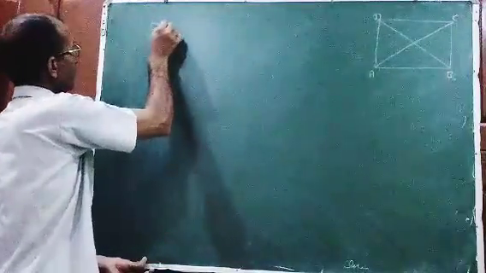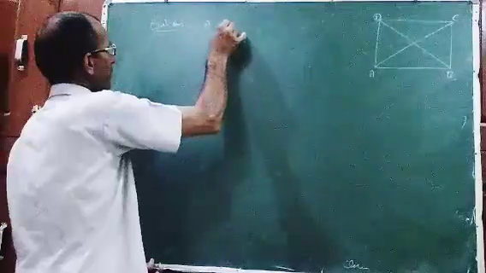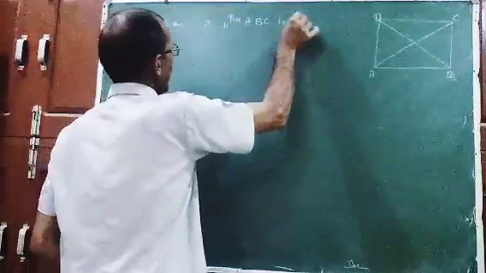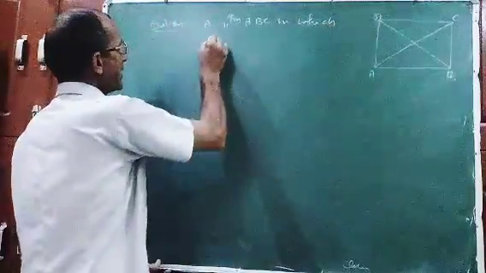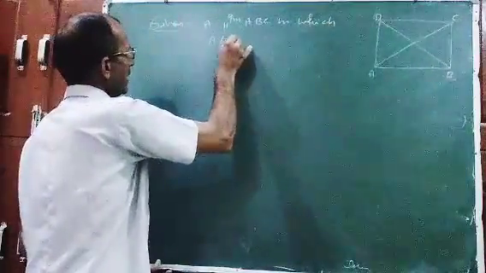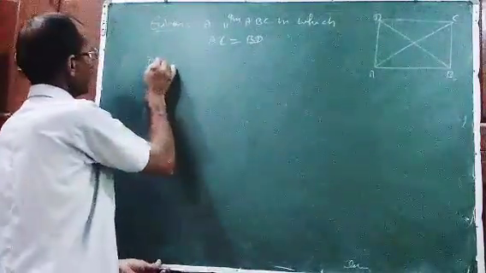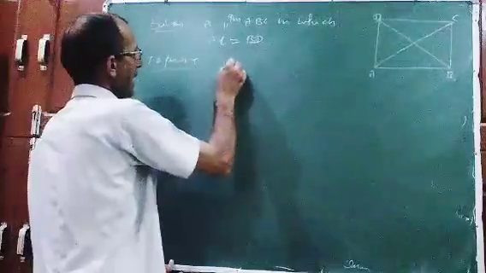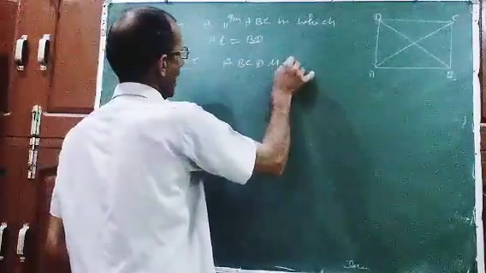Given: a parallelogram ABCD in which AC is equal to BD. To prove: ABCD is a rectangle.